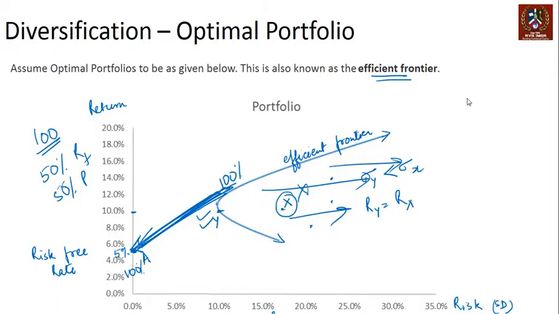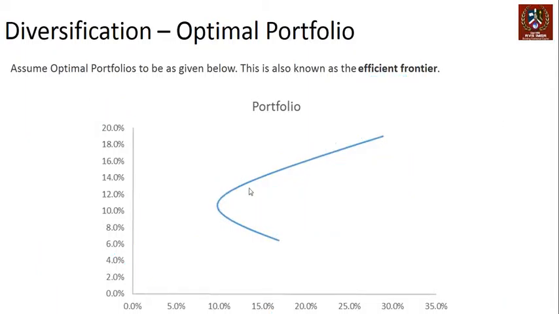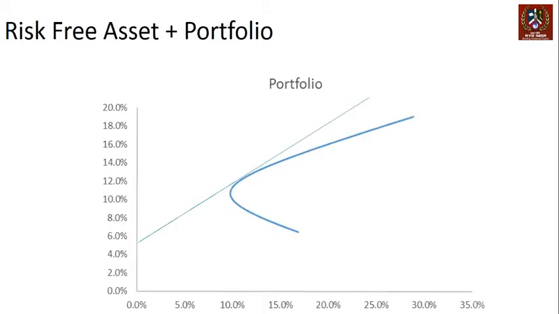We basically take this point where the risk-free asset lies, and we draw a tangential line to the portfolio. Somewhere like this. Pardon the drawing. The line would look something like this, where it cuts the portfolio somewhere here on the tangent.